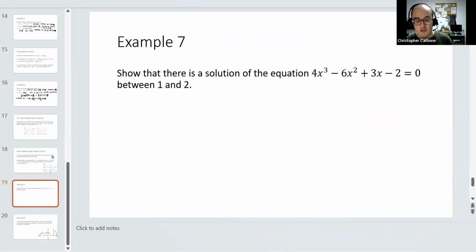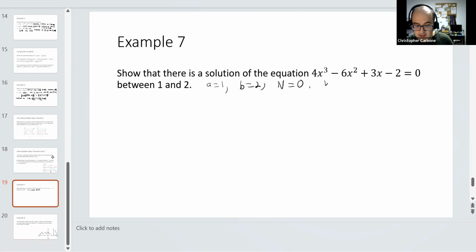As an example, we want to show that there is a solution of the equation 4x cubed minus 6x squared plus 3x minus 2 is equal to 0 between the values 1 and 2. From the intermediate value theorem, a is 1, b is 2, and we want the value of capital N to be 0.